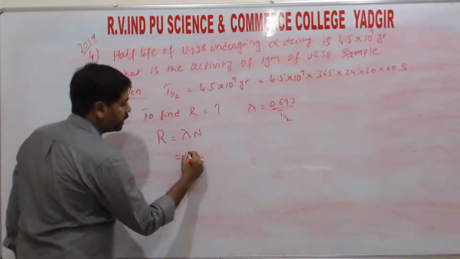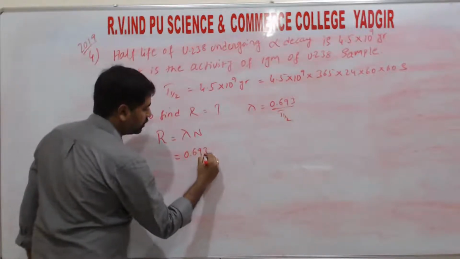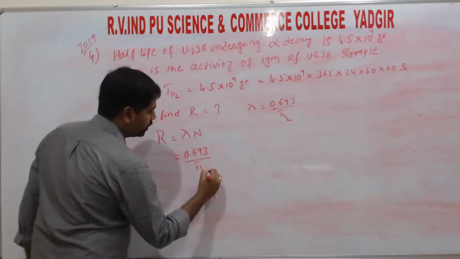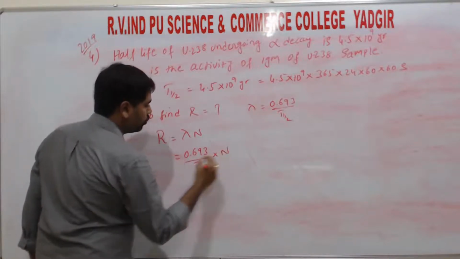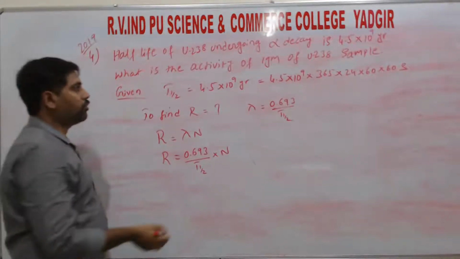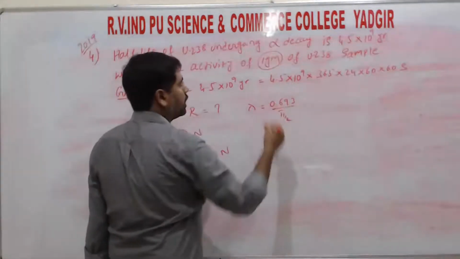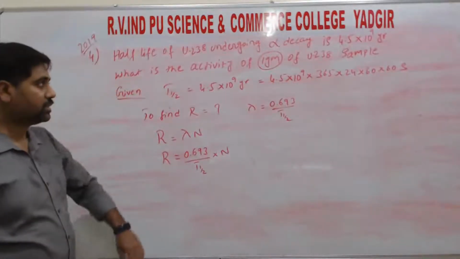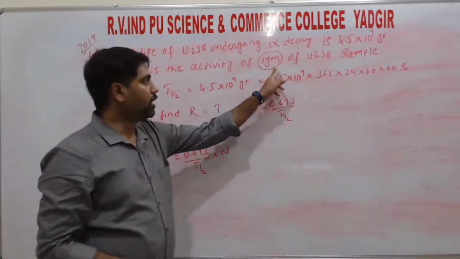So substituting here 0.693 divided by T half into n, right? So we need to find only 1 gram, the activity which is done by the mass 1 gram, right?